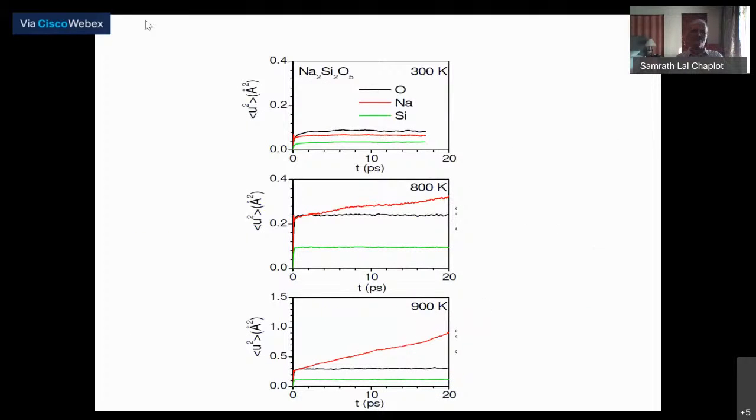Okay. So this is a certain simulation done in a typical solid sodium silicon oxide, sodium silicate, and what you can see here as a function of time, the mean square displacement of these three kinds of atoms, oxygen, sodium, and silicon, are plotted. Initially at zero time, the mean square displacement is obviously zero because the atom is where it is at zero time.